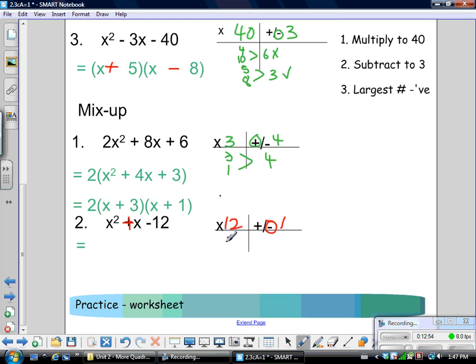So I'm thinking 4 and 3. 4 and 3, when I subtract them, I get 1, so that's what I want. And the biggest one has to be 4, which has to be a positive number. All right, so I have my 4 and my 3. The biggest one has to be positive because of the plus sign.